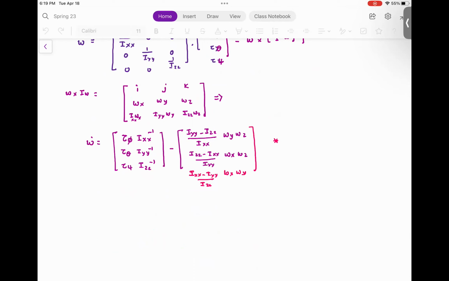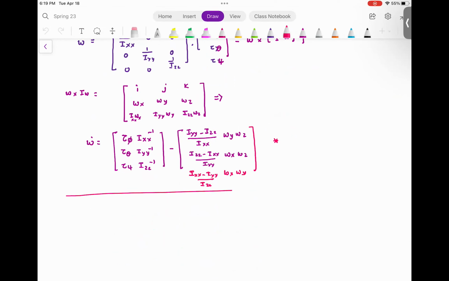Now the next part: we got these equations, so how do we control it? Please understand, whether we consider thrust or torque, they are proportional to the square of the angular velocity.